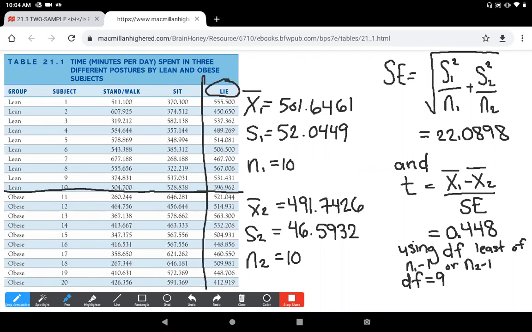When we go into table C, we find that we have a p-value that's greater than 50%, greater than 0.5, because our table doesn't even go up that far.